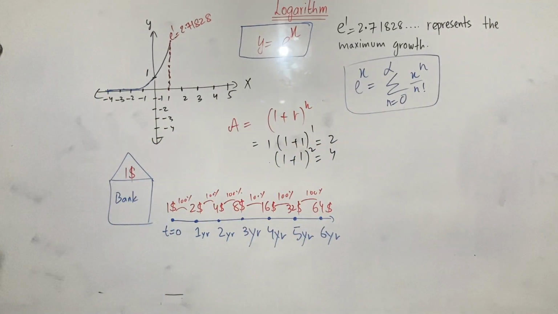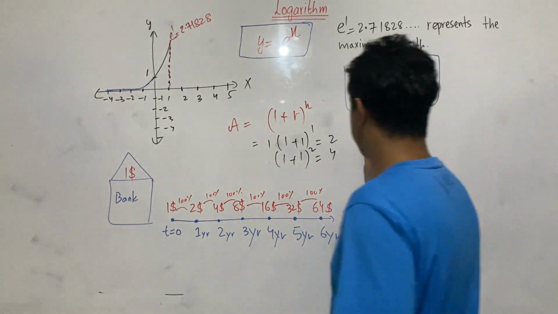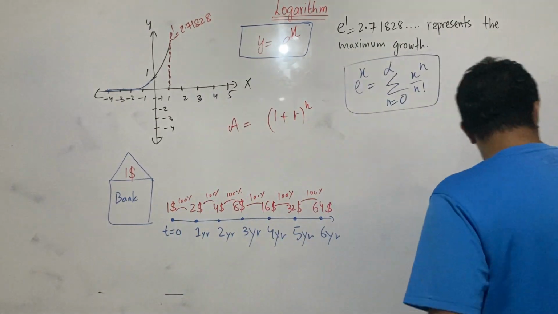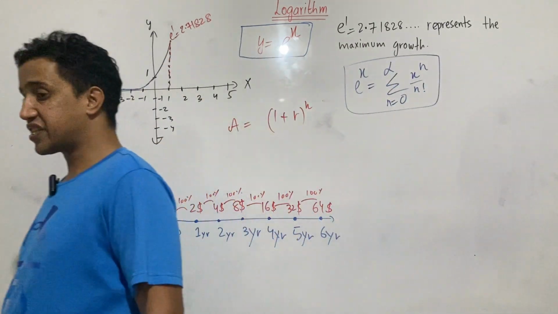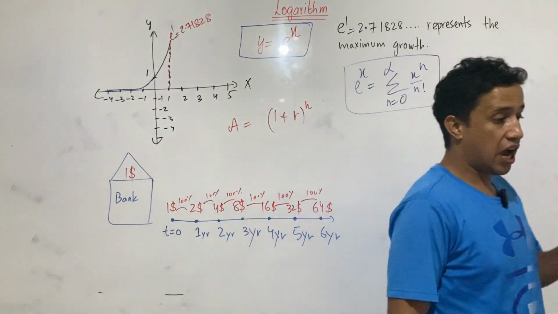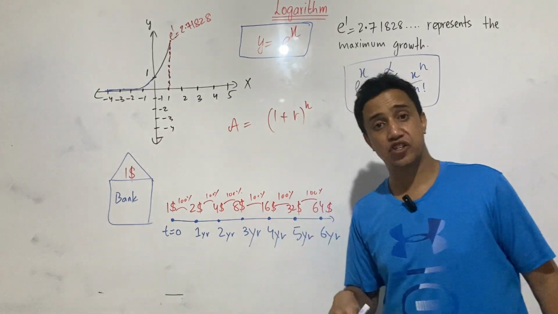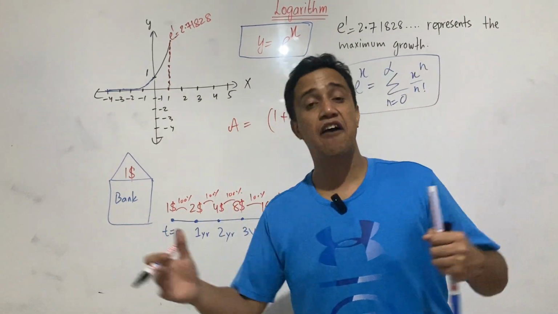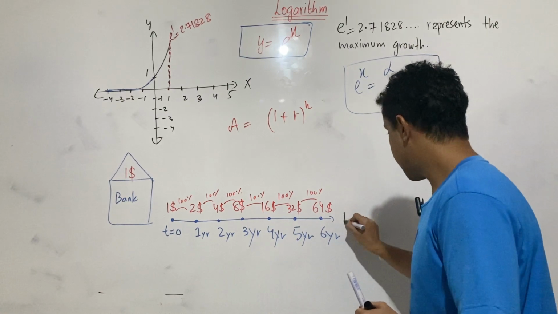Now what if your bank says that we compound your interest not yearly but half yearly? This is annually.